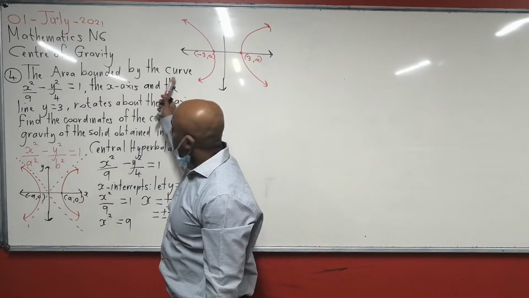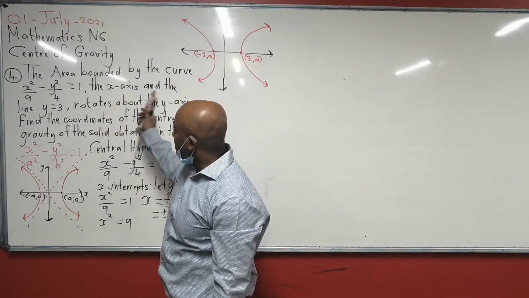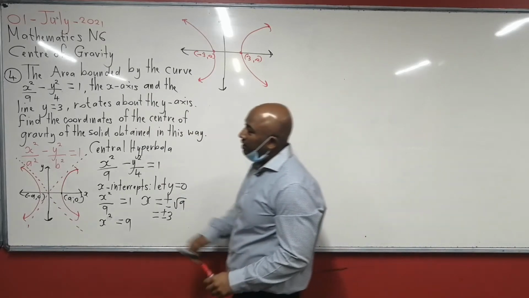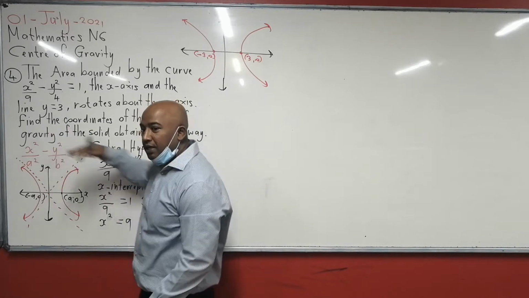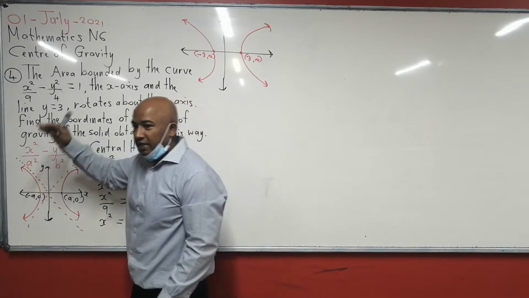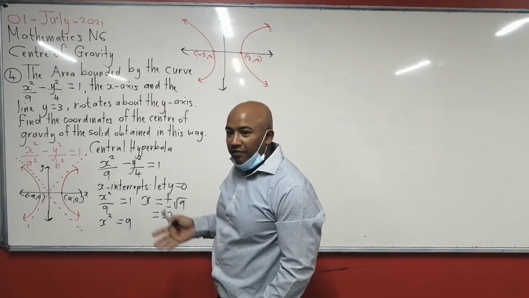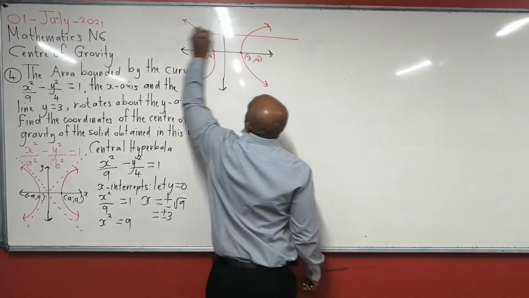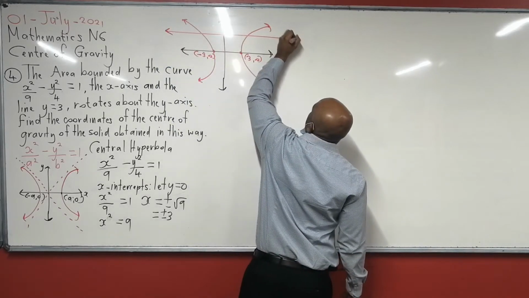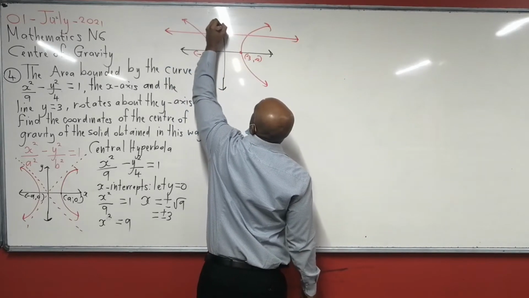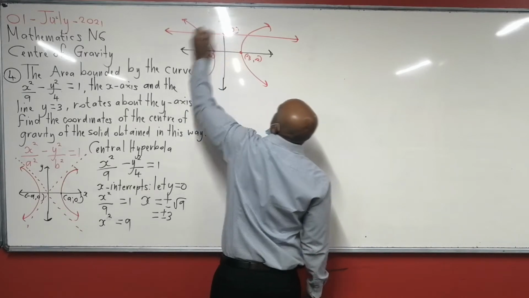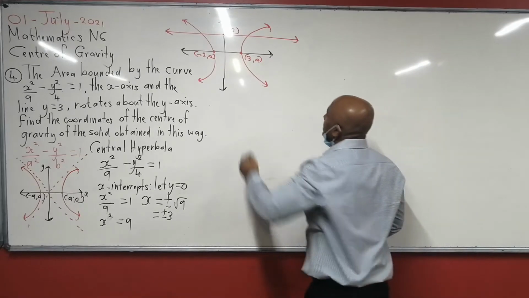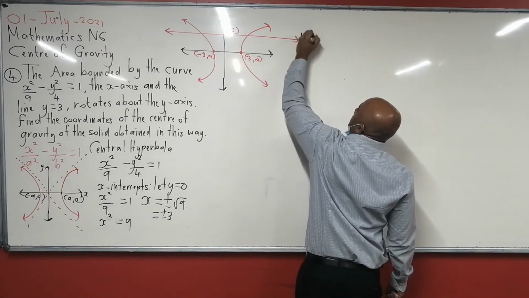The line y is equal to 3. Y equal to a number is a horizontal line; if x is equal to a number, it will be a vertical line. So y is equal to 3. Let's go 1, 2, 3. That is y equal to 3.